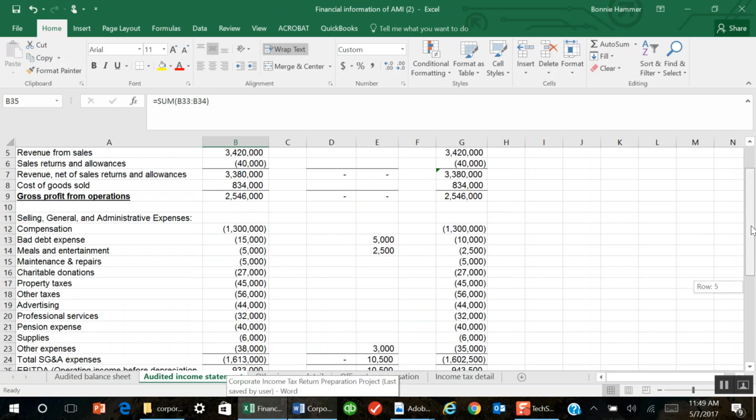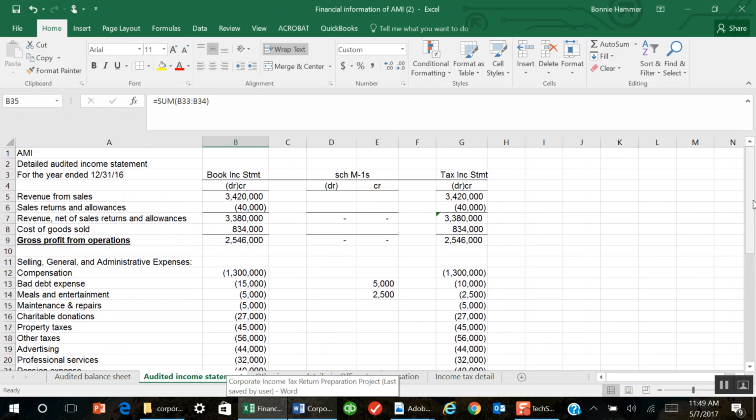Okay, so if I were doing a tax return for AMI, this is what I would do. I would start with the client's Excel workbook of information that they gave me, and I would create a tax income statement from it. And this detail here, I would make sure all gets transcribed onto my tax return in some way, shape, or form.